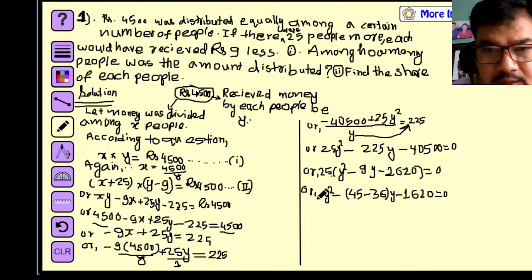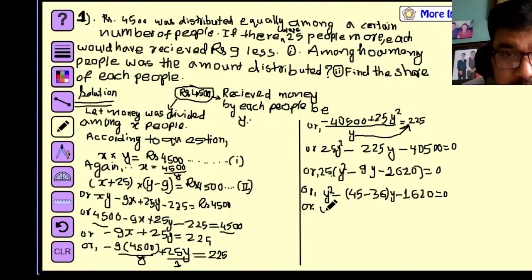Now let's move forward with this factorization. What happens? Look here. Write here y square, and open the bracket. This will be 45y. Write 45y, and minus minus will be plus here, 36y.